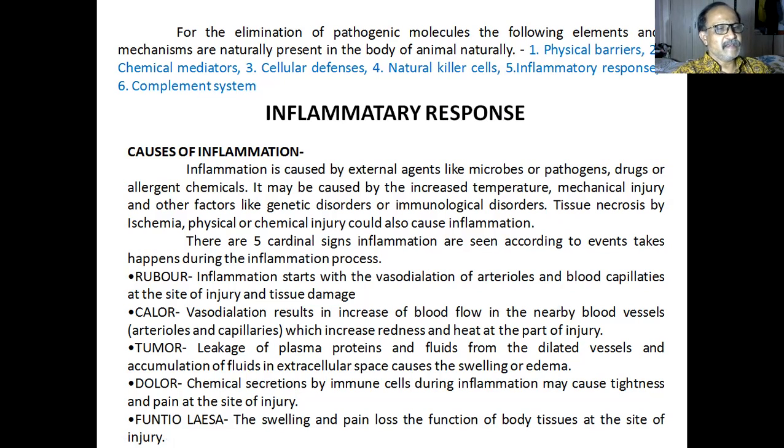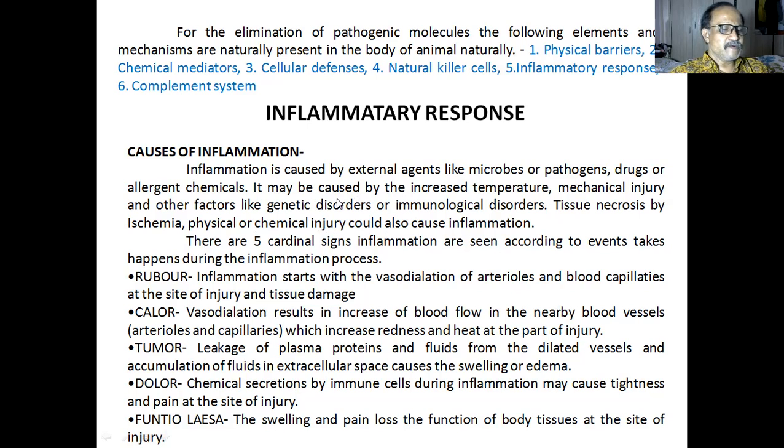Then certain factors are also there. Some genetic disorder or immunological disorder also causes inflammation of the body. Tissue necrosis, ischemia, physical or chemical injury. These are the causes of inflammation.